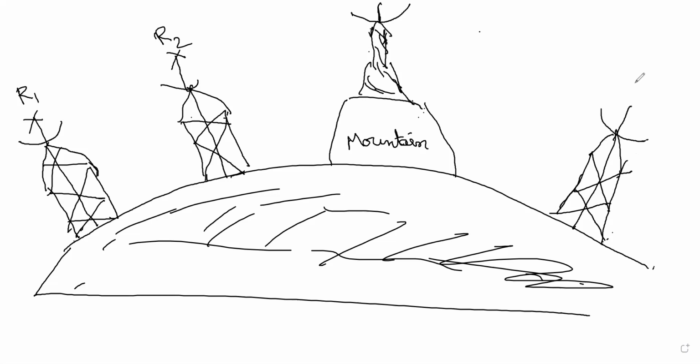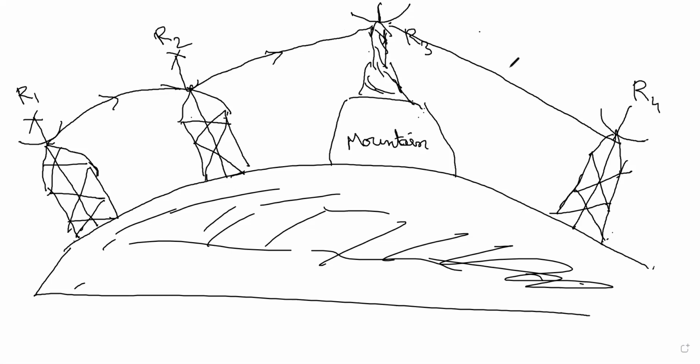So it's like the repeater R4 and the repeater R3. And what it does is it will communicate the signal from here to here, from here to here, and from here to here. That's what the repeater does. It amplifies the signal from here to here, and that's how the signal goes.